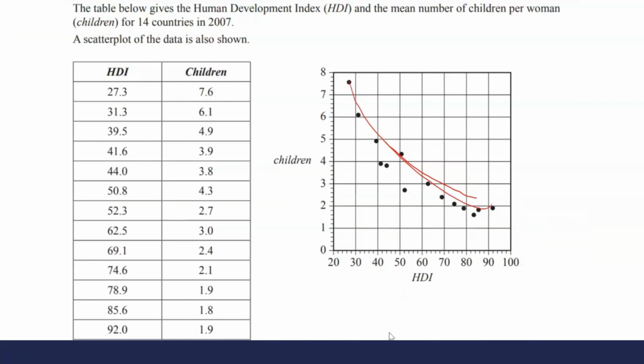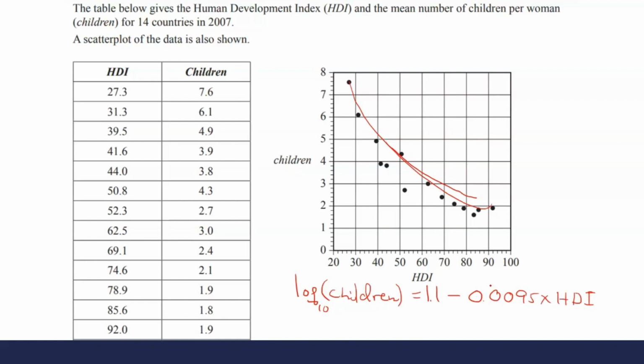So our equation is log base 10 of y equals 1.1 minus 0.0095 times HDI. So that's how you do the log. This is one example.